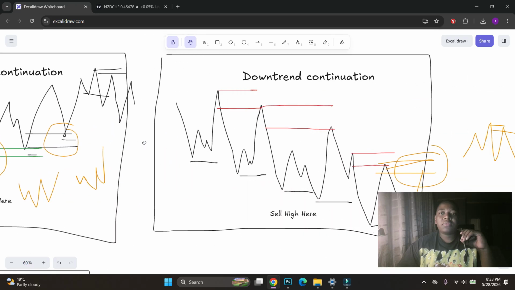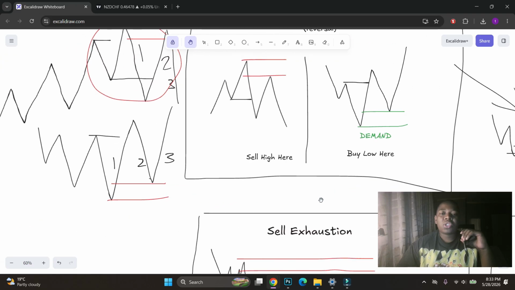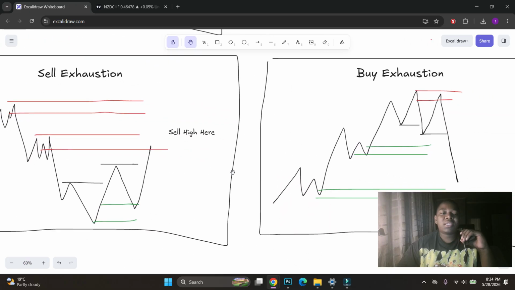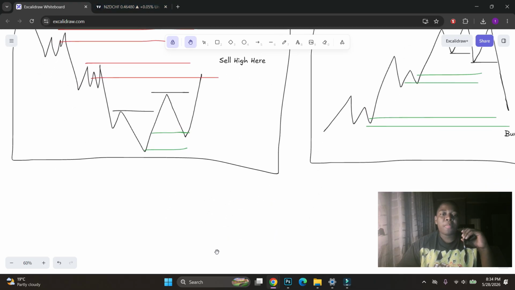Uptrend continuation, downtrend continuation. Now we're gonna move to exhaustions. Sell exhaustion and buy exhaustion. With this, it's simple. After knowing your buy change in order flow and your sell change in order flow, you have to understand exhaustions.